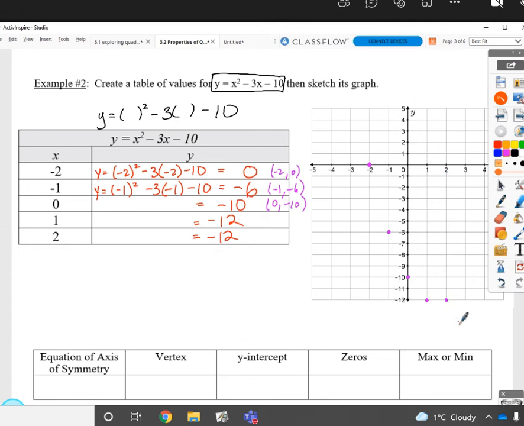Just for the sake of funsies, let's see what would happen if we had a 3 in here. What do you think we would get? Did you type it into your calculator? No. You just looked at the graph? How did you know?